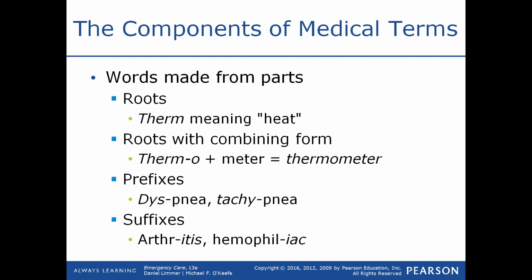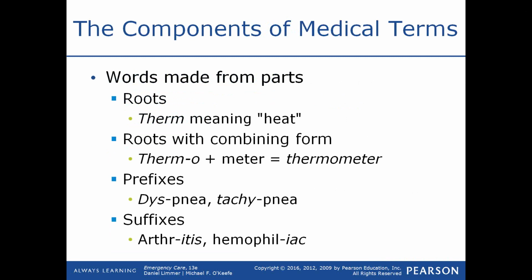Words are also made up from parts like root. The root of the word is typically the meaning, and then you can combine with the root prefixes and suffixes. Prefixes come before the root word. Suffixes come after the root word.